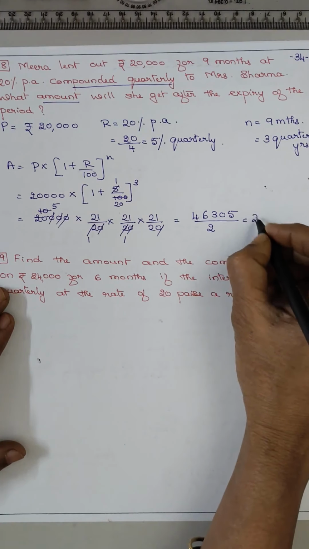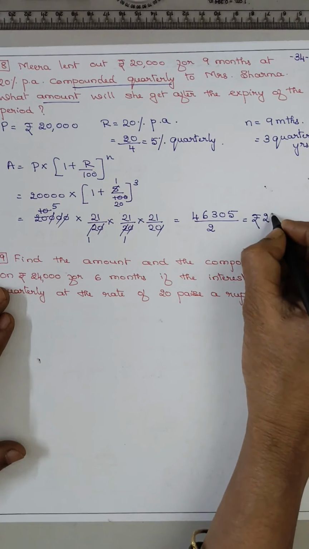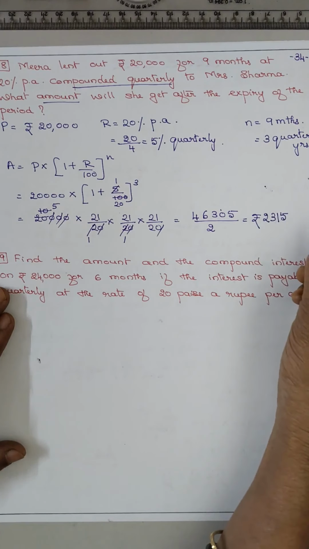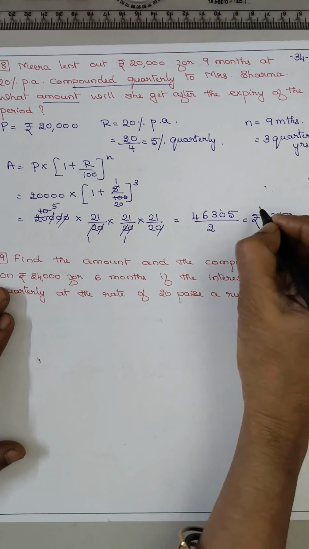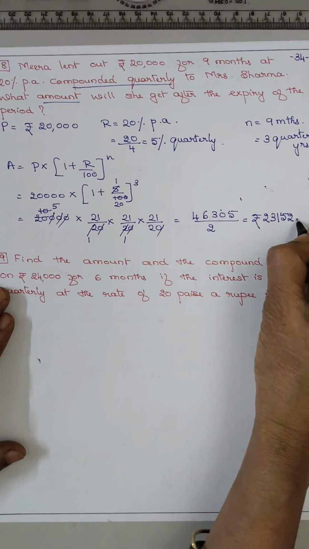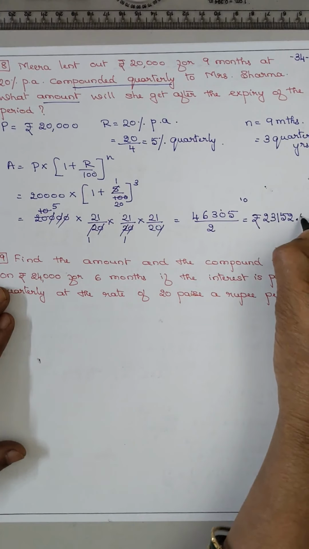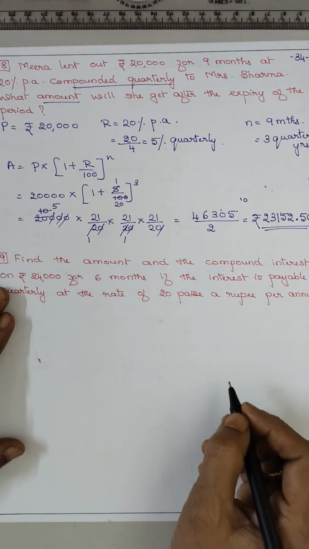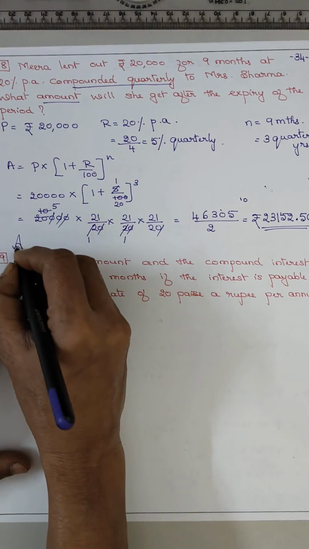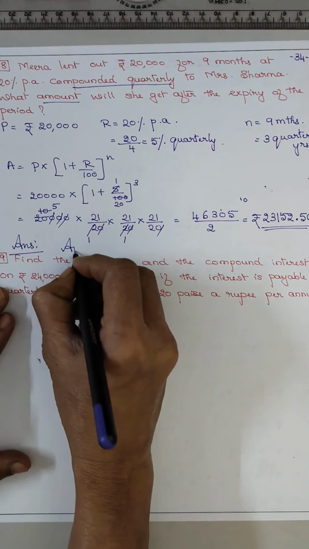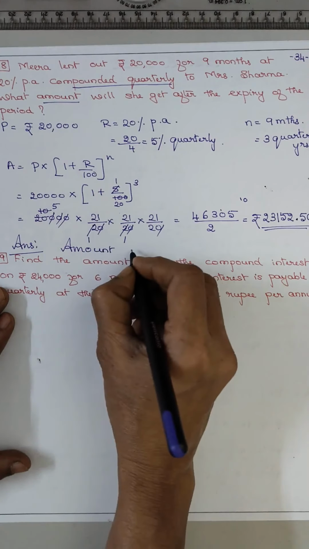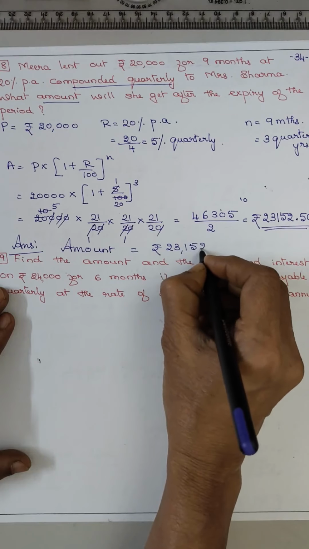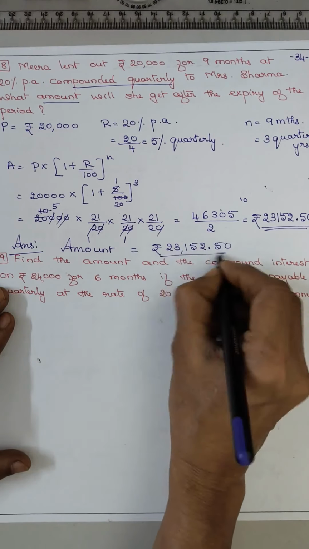Now it is rupees. 2 2s are 4, 2 3s are 6, 2 1s are 2, 2 5s are 10, 2 2s are 4, 1 remains, that is why decimal. Take 1 0, 5 are 10 and rupees पैसा है, इसके लिए extra 0. So answer, amount is equal to rupees 23,152.50.